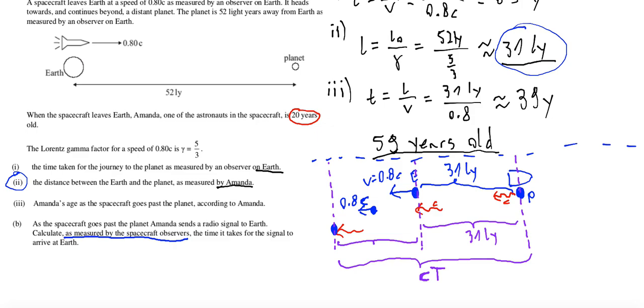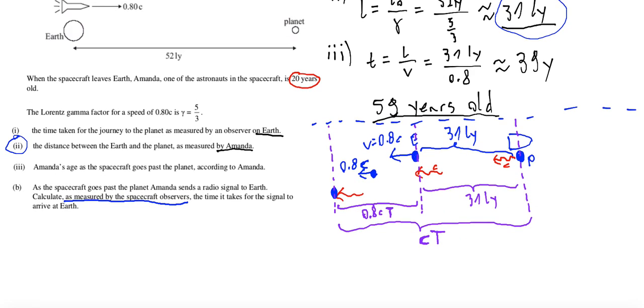At the same time t, Earth travels a distance equal to 0.8 c times t, because the speed of the Earth is 0.8 c. So this short distance is 0.8 c times t. This long distance is c times t. And this initial separation is 31 light years.